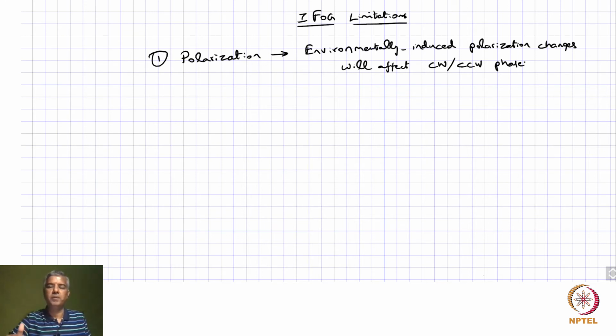That's what we saw previously for our other cases also, for the Michelson as well as the Mach-Zehnder based interferometers. So you use a PM fiber. We're not going to discuss that in much detail now, because we already spent a lot of time discussing that previously.